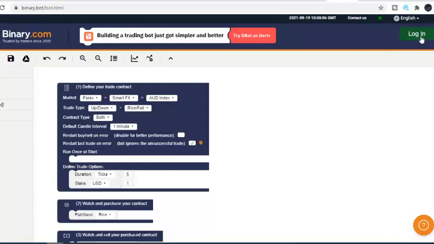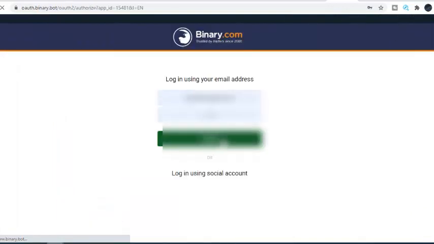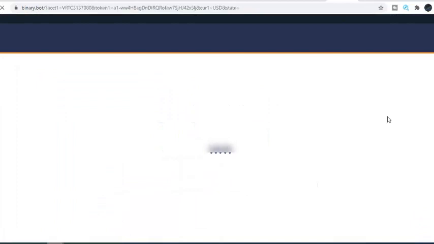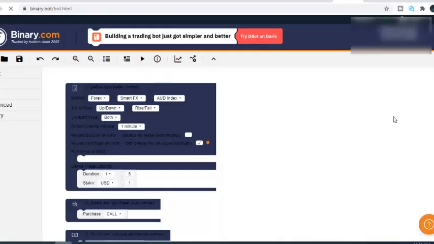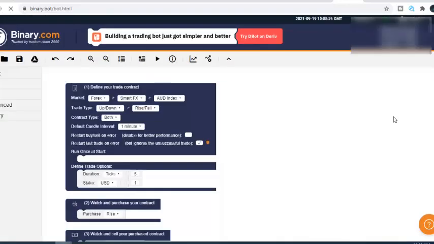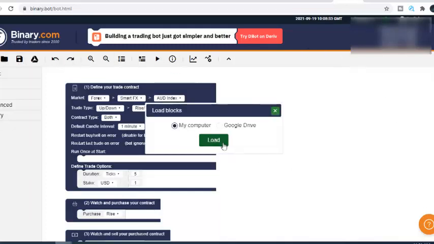Alright, so you might need to log in again. So now you're logging into the bot trading server for binary.com. Okay, now we are in. So basically, let me deploy the $1 billion code.